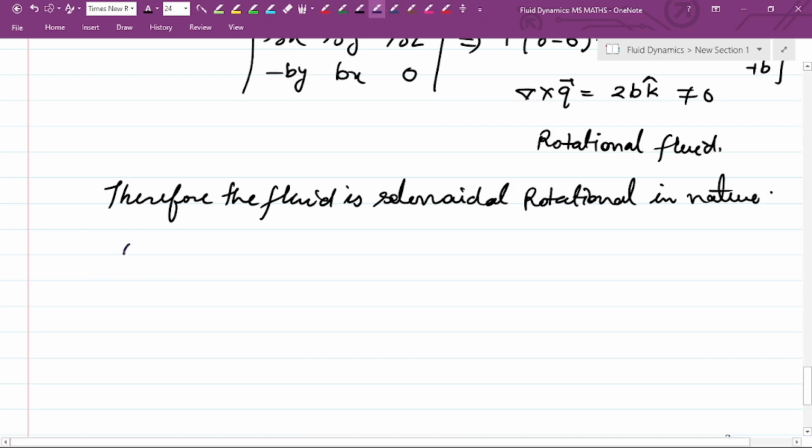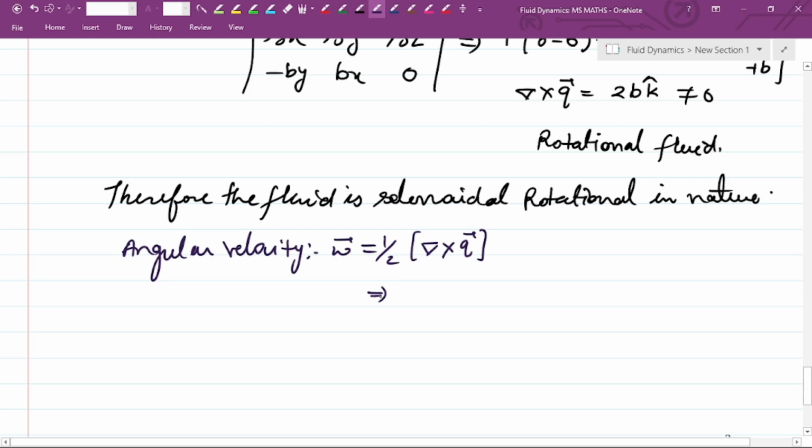So the angular velocity omega is nothing but 1 by 2 curl. What is the curl? It is 2b k cap, so omega is b k cap. So the angular velocity is constant. There is no variable.